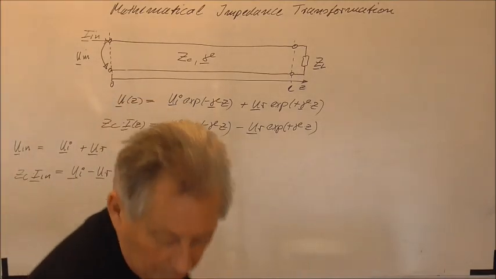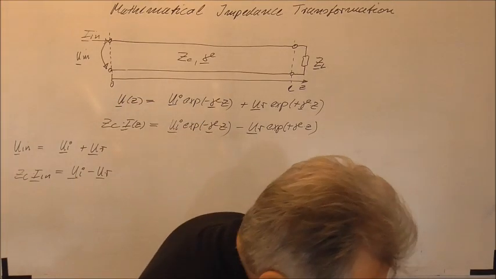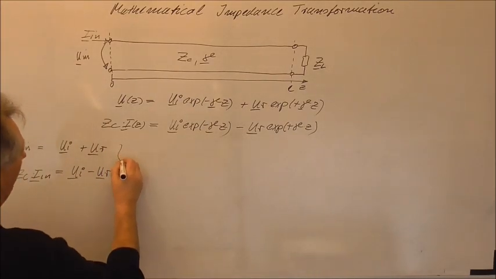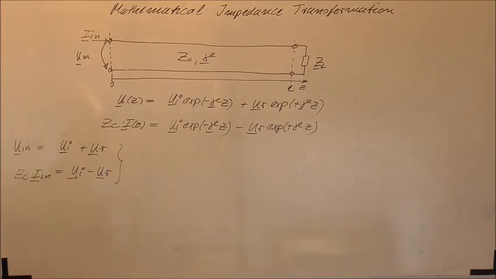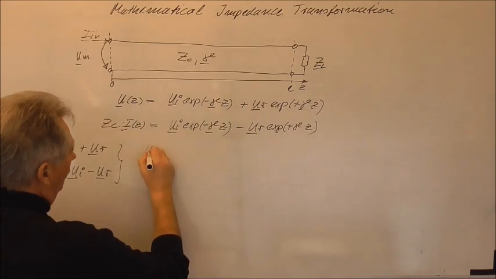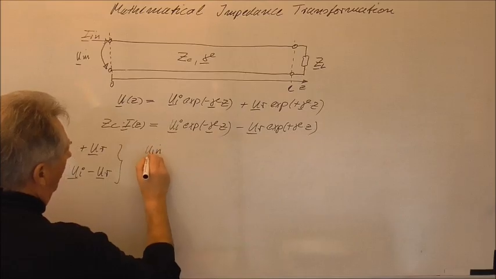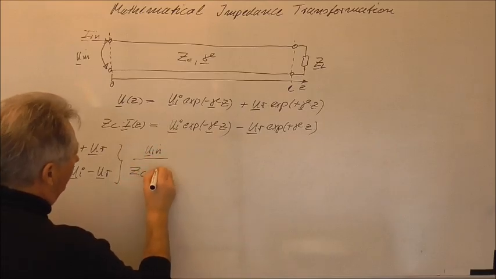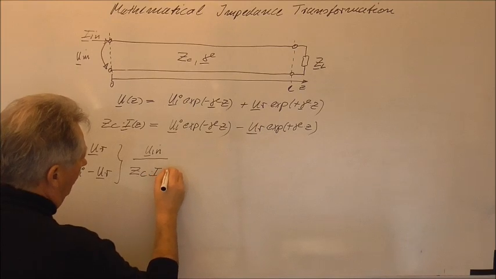And to calculate now the input impedance, we can just divide the two equations, and we will find u in over Zc times I in.